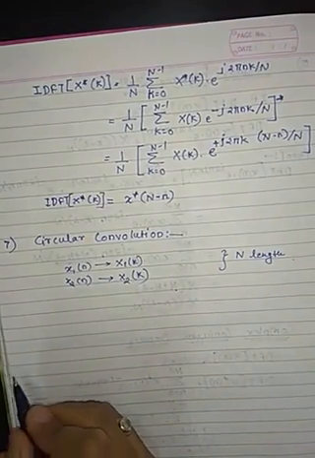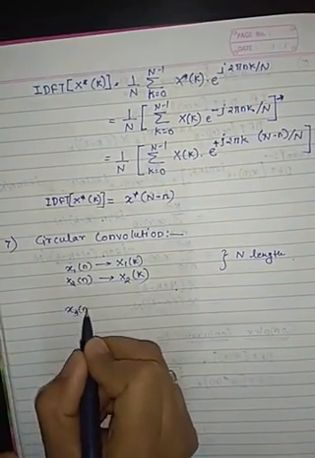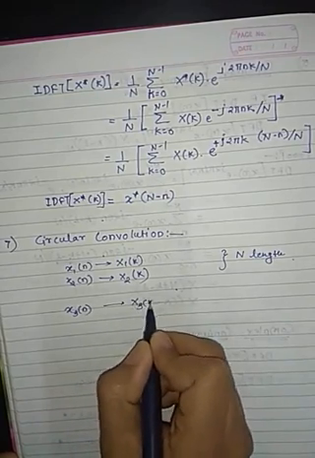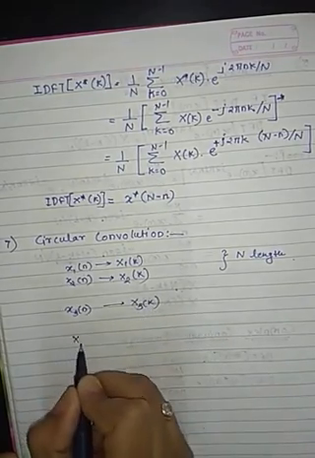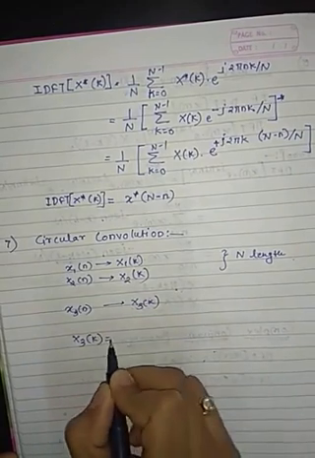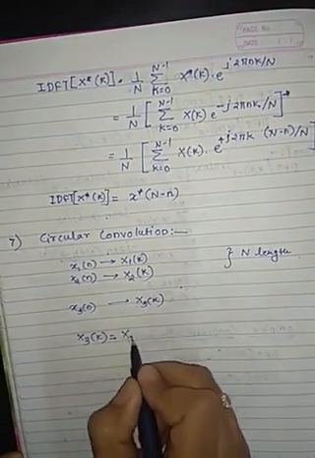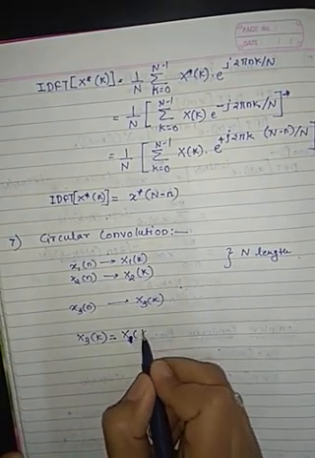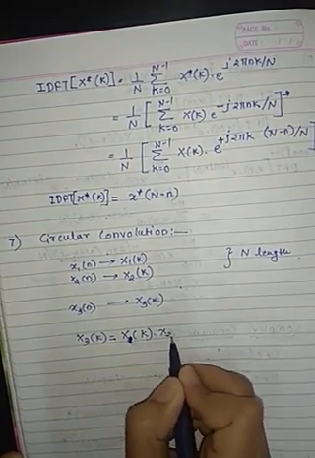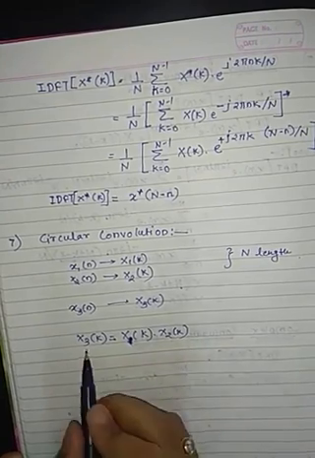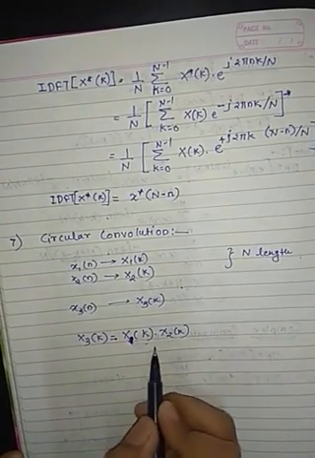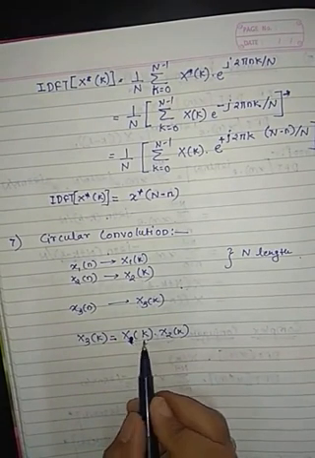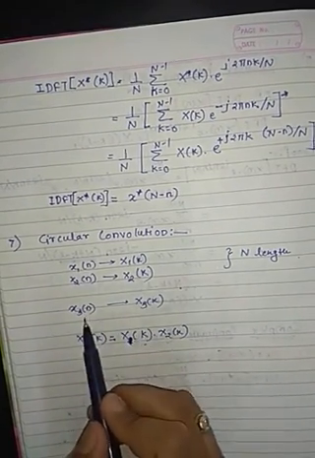Now we have to find the sequence x3 of n for which the DFT is X3 of k, where X3 of k is the multiplication of the two DFTs, X1 of k into X2 of k. So we have to find x3 of n.